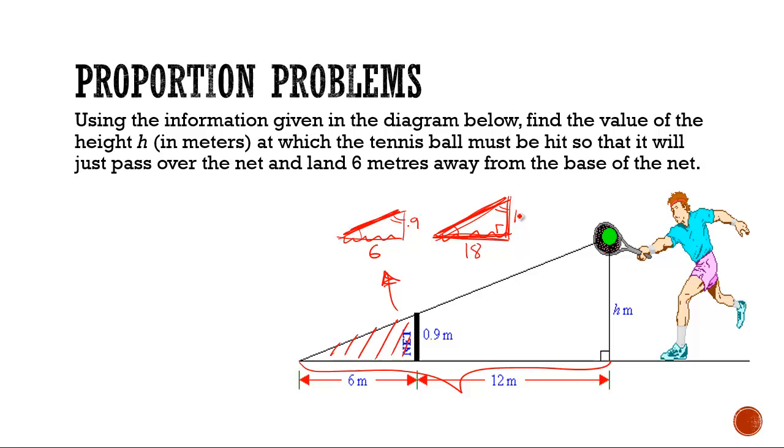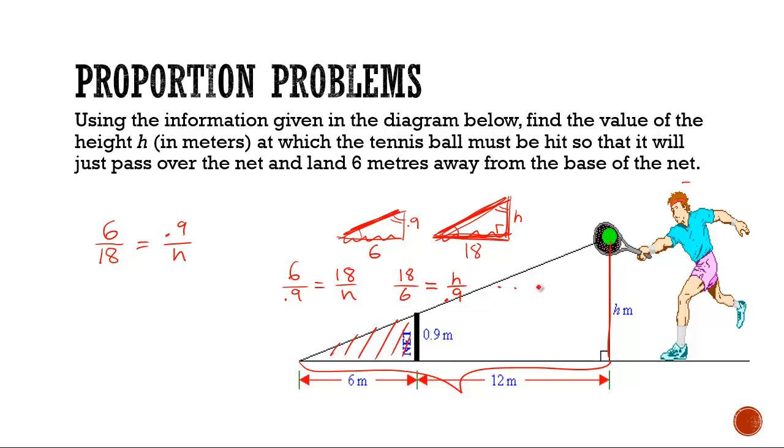And then the height we don't know. So now we can make a proportion saying, for example, 6 is to 18, just like 0.9 is to h. This could be made in other ways, such as 6 is to 0.9, just like 18 is to h, or 18 is to 6, just like h is to 0.9.